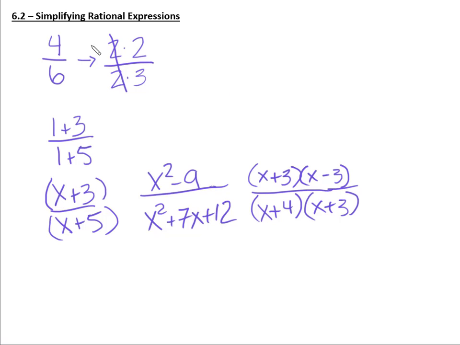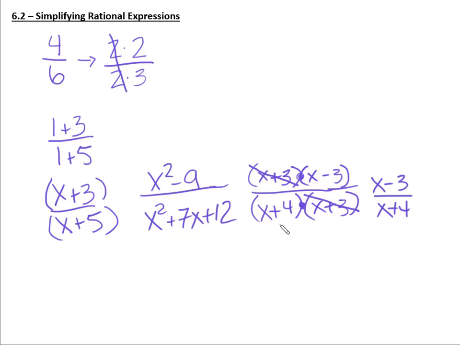And what we've done, just like we did with our 4/6 back up here, is we've broken these into their factors, things that are held together with multiplication. And if I happen to have a common factor now, which could be a common expression between the top and bottom, then and only then I can cancel stuff out. But it has to be factored for me to do that. So here, yes, I could cancel out my x plus 3 and my x plus 3. And my final answer would be x minus 3 over x plus 4.